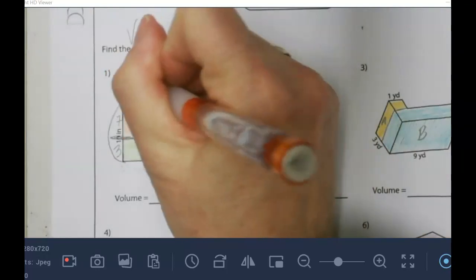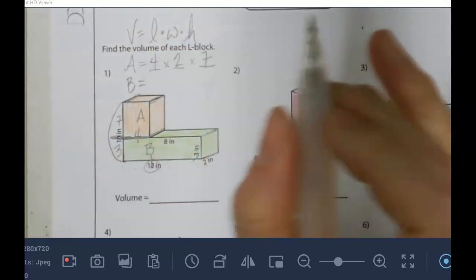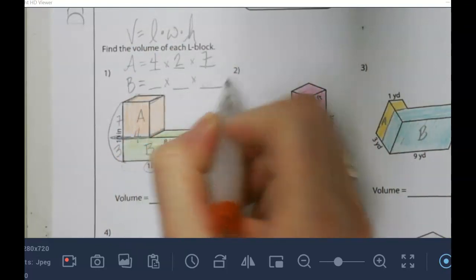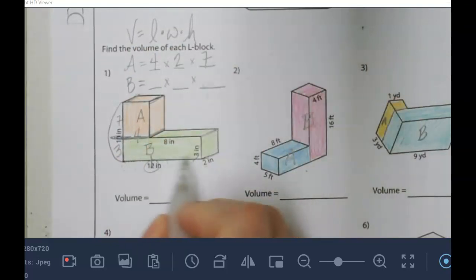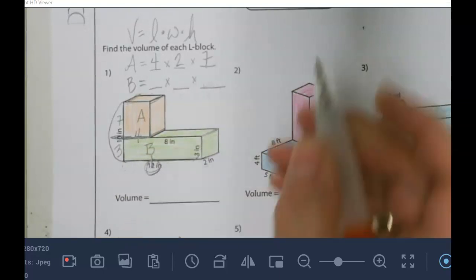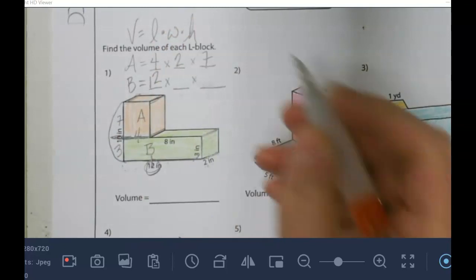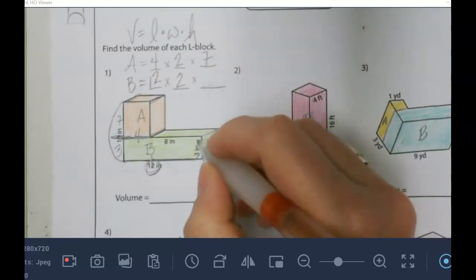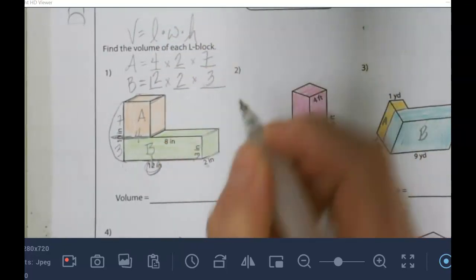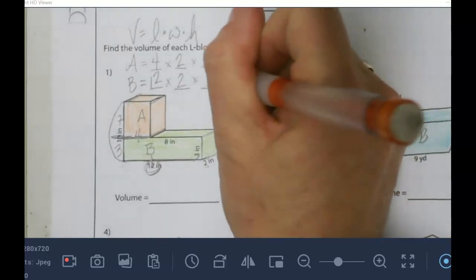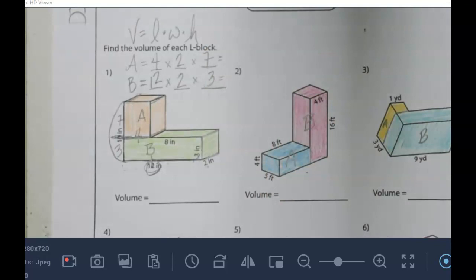Now we look at shape B. Okay, we need the length times the width times the height. The length for shape B is this whole piece right here. It's 12. My width has a number, which is 2. And my height is 3. Okay, so now once again, I have to do all that multiplication and then add everything up.